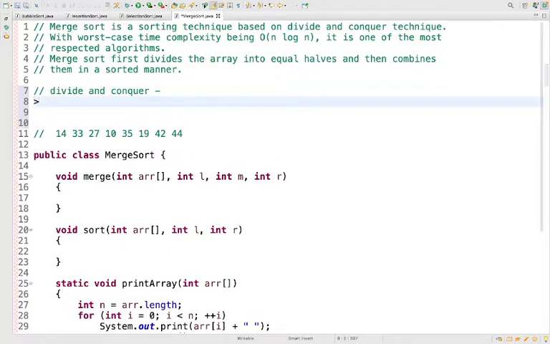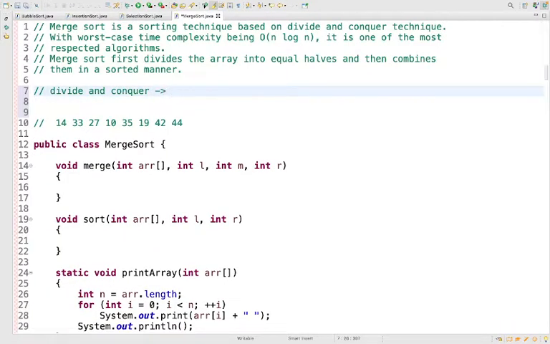In a nutshell, it says I have a problem P, and I will divide it into, let's say, 2 halves. Then these two halves will again be divided into another two halves.